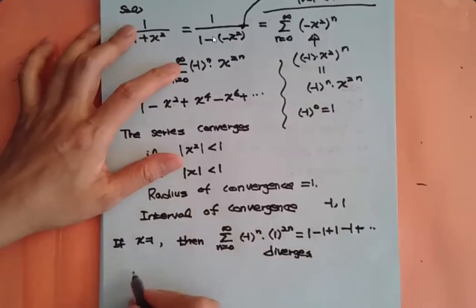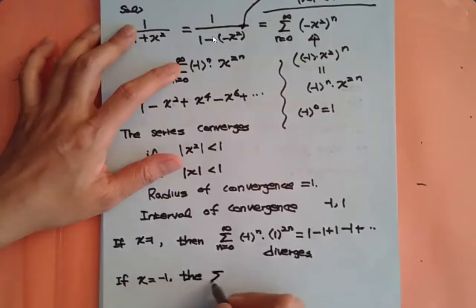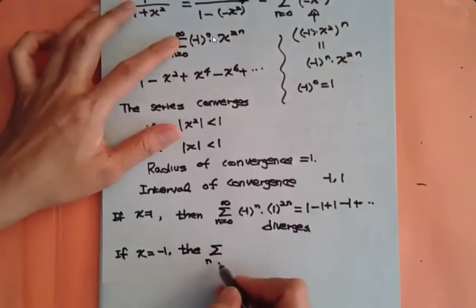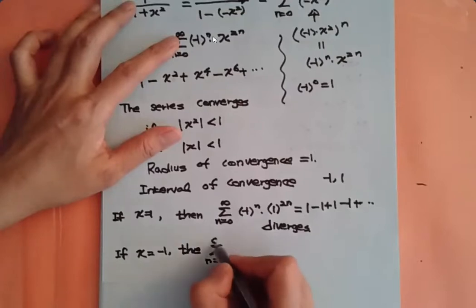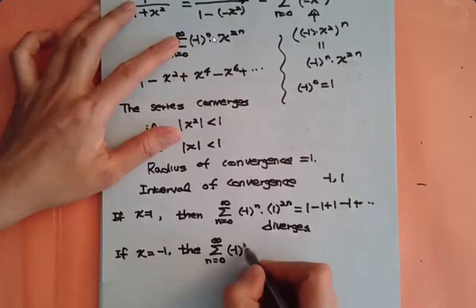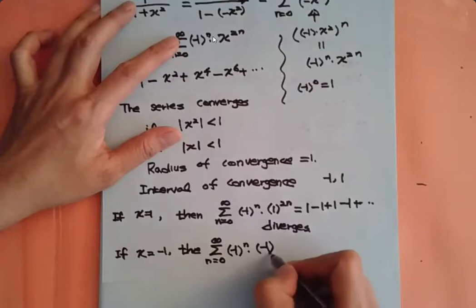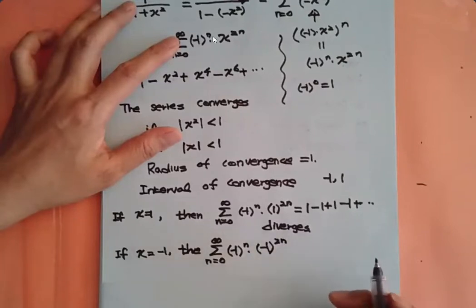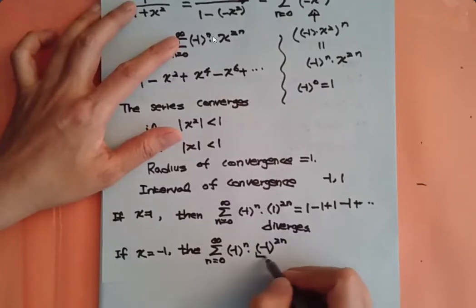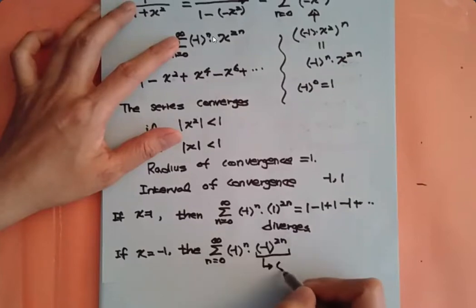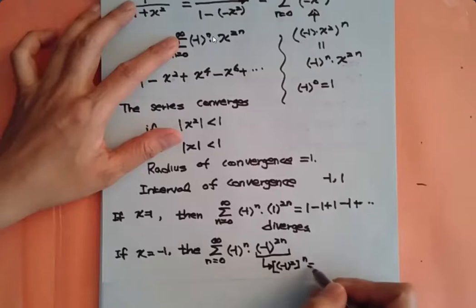And we can say the same thing for x equals -1, because if that happens, then we have the summation n equals 0 to infinity, -1 to the n power, and -1 to the 2n power. So this part can be written as (-1) squared to the n power, which is 1 to the n power, which is 1.